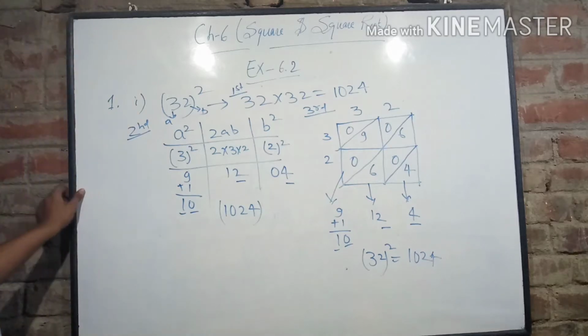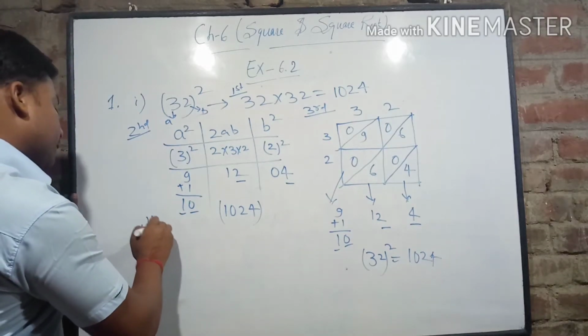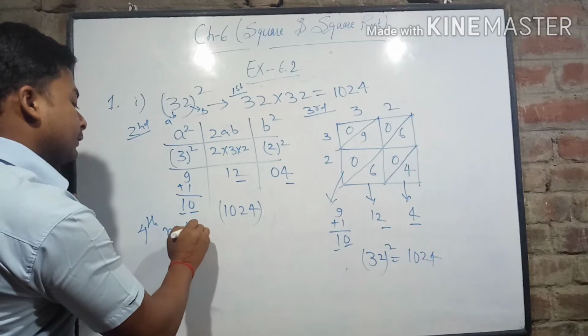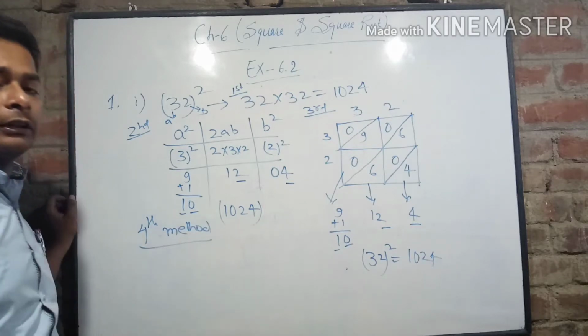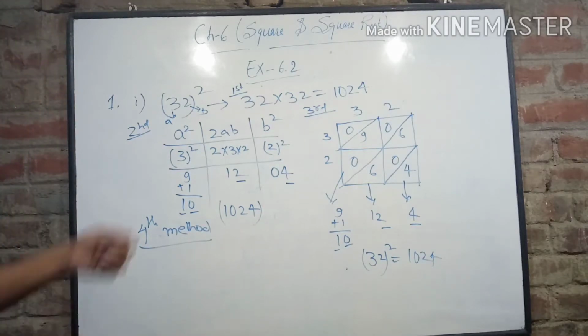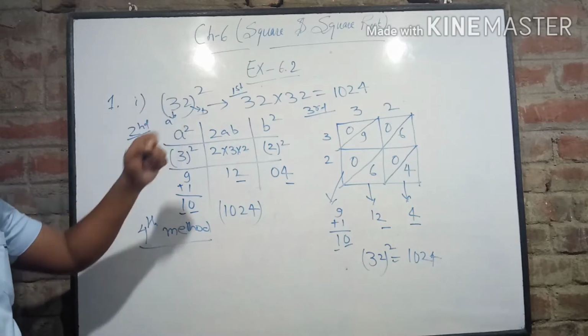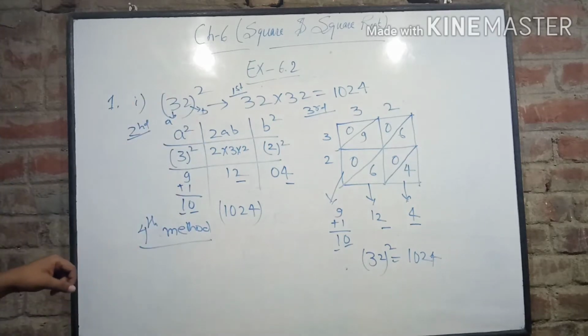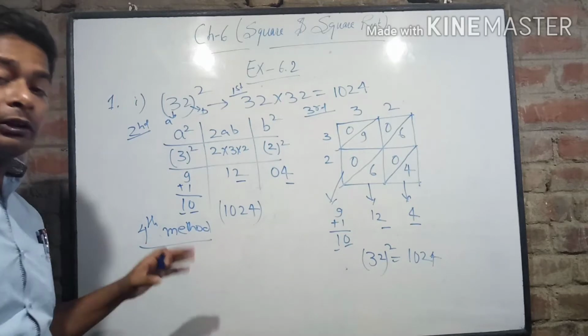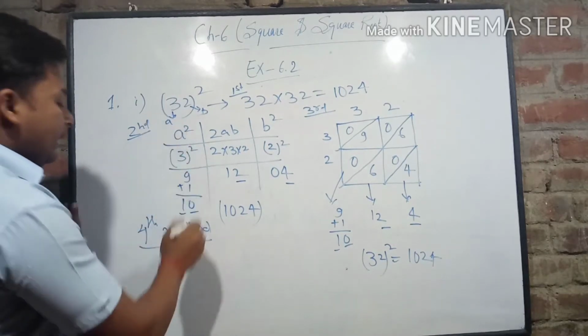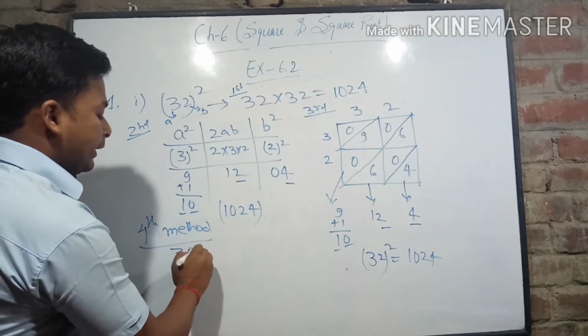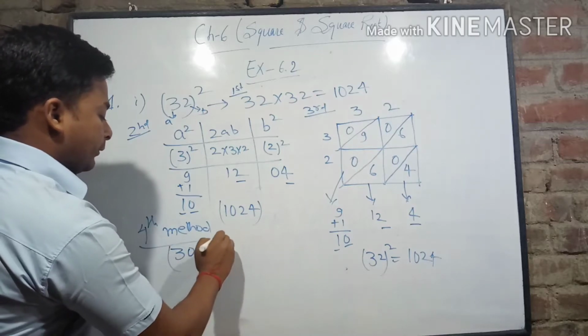Now the fourth method of the same question is your shortcut, or you can say tricky method. Or we have one more method, that is your identity method. We can write 32 in the form of (30 plus 2) whole square.